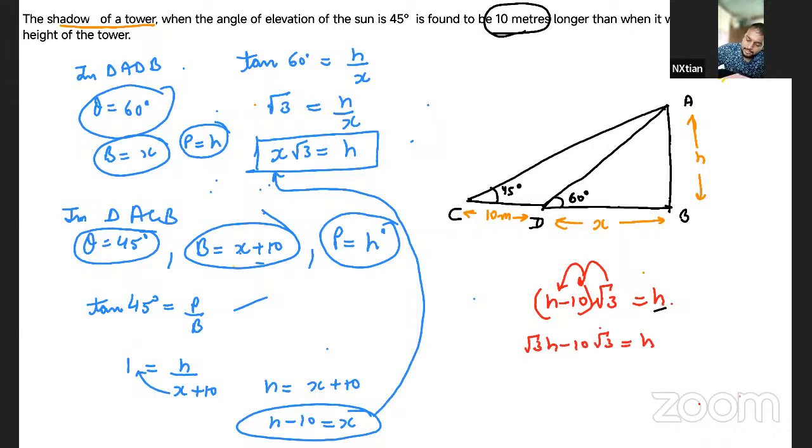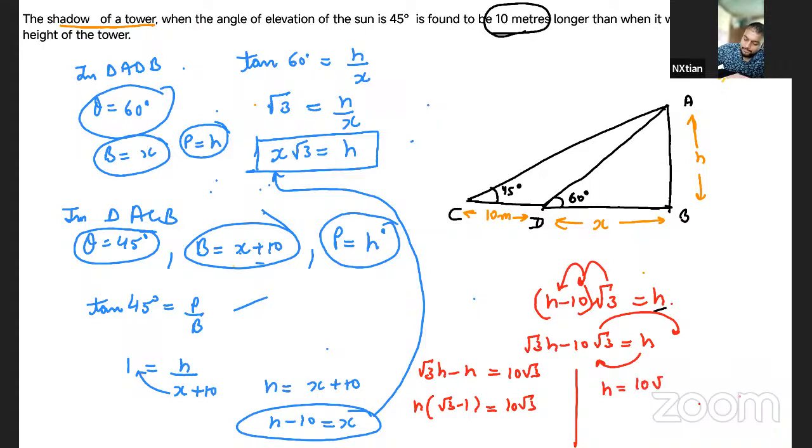Now I will send this here and this here. So it will become root 3 h minus h is equal to 10 root 3. Now I will take out h as common: h times (root 3 minus 1) is equal to 10 root 3. I will send this to that side. So h is equal to 10 root 3 upon root 3 minus 1.